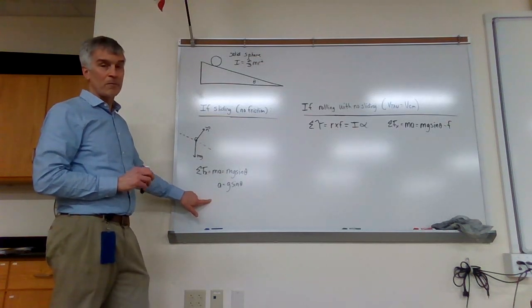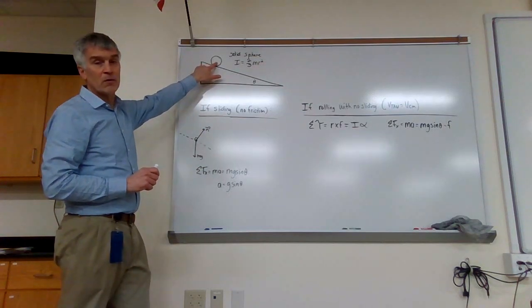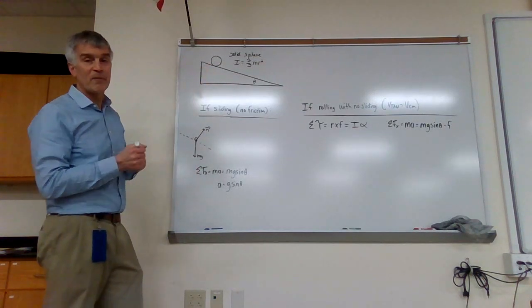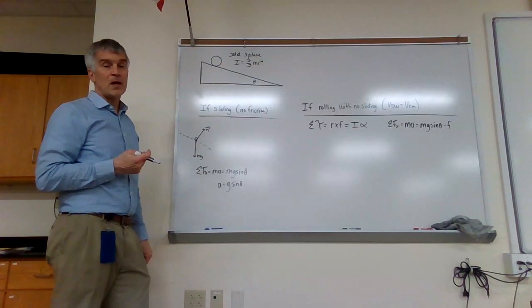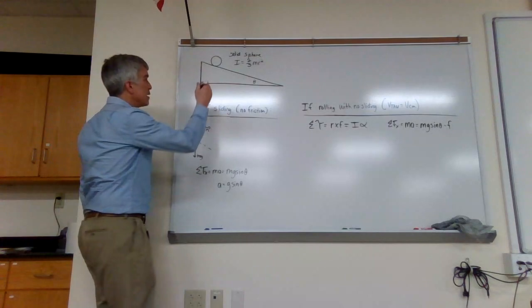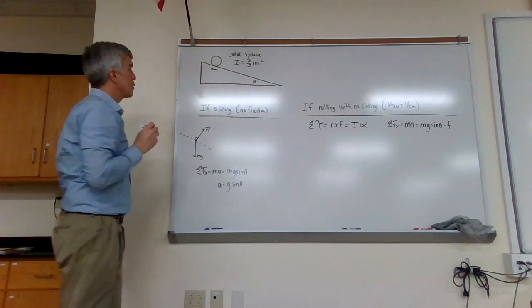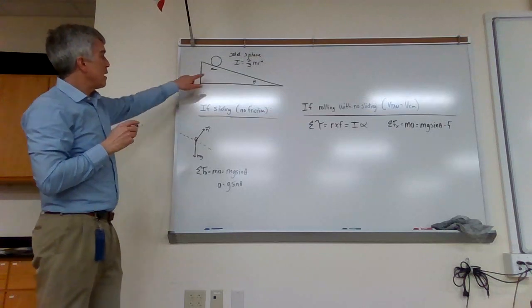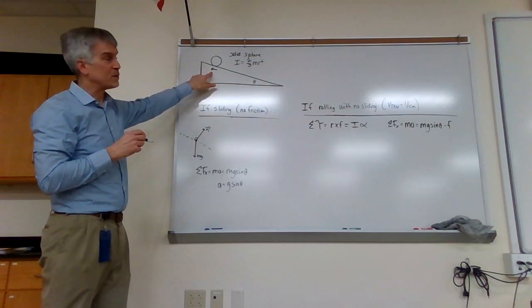All right, now, this sphere is going to spin. And in order for that to happen, there has to be a torque applied to it. And the force that creates that torque is friction. Okay, so if there's a friction force up the ramp, the ball will start to spin.